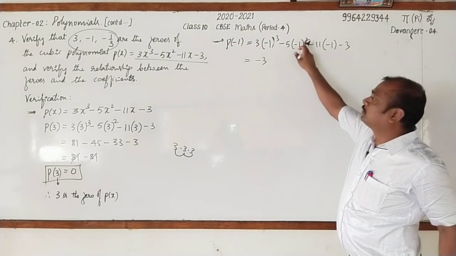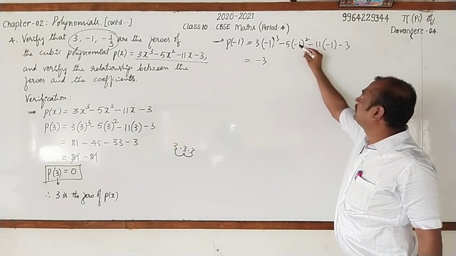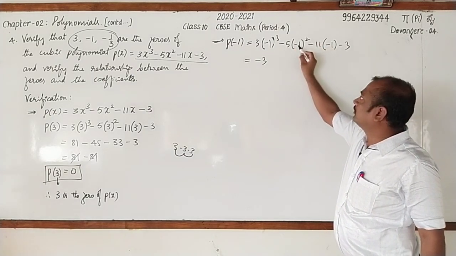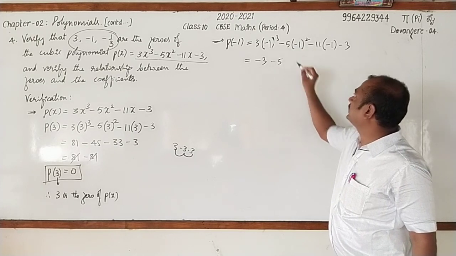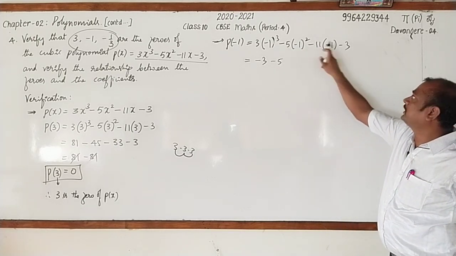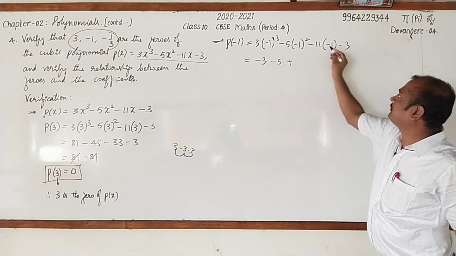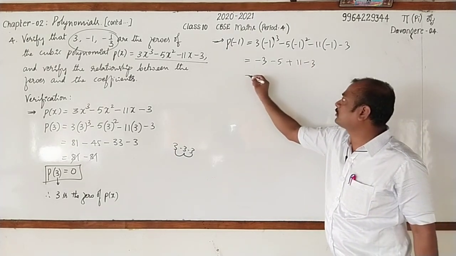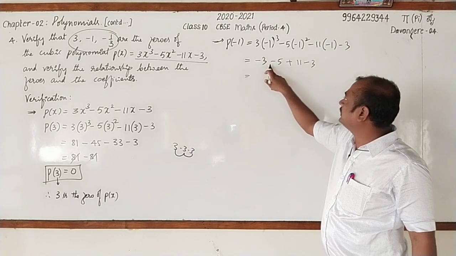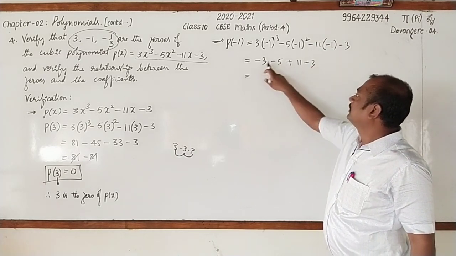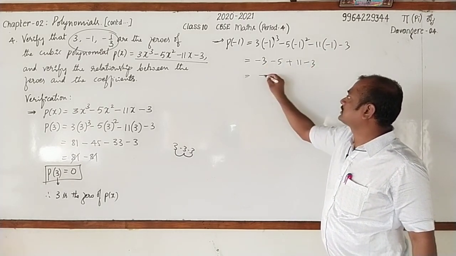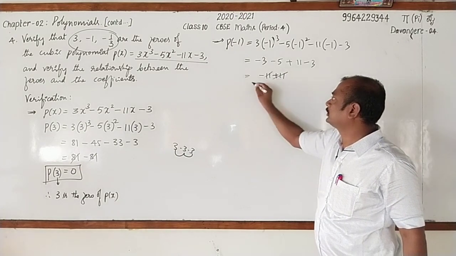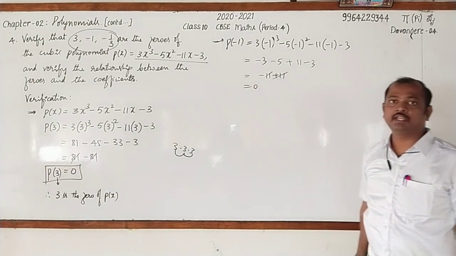Now, (−1) squared. See that the power is even. (−1) squared is 1. 1 into minus 5, minus 5. Now here, minus into minus is plus, 11 ones are 11. Then minus 3. It is equal to minus 3, minus 5, minus 3. Minus 8, minus 3, minus 11, plus 11. Both get cancelled. 0.